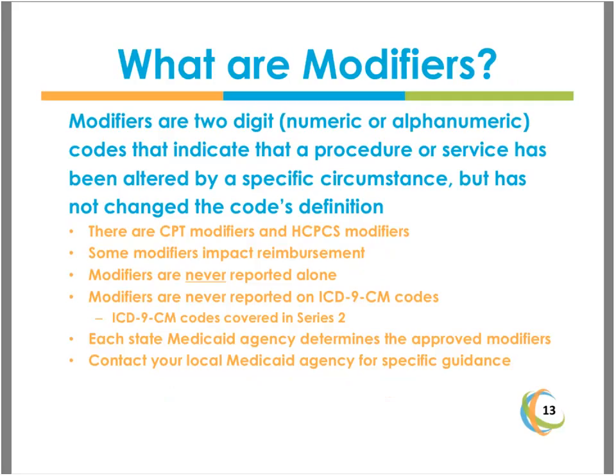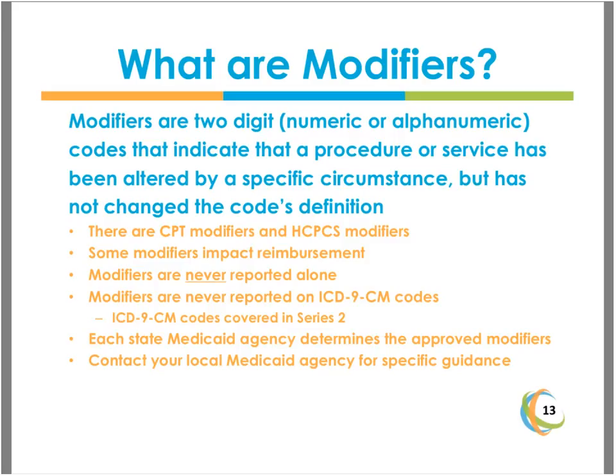For the purposes of this segment, modifiers are 2-digit numeric or alphanumeric codes that indicate that a procedure or service has been altered by a specific circumstance, but has not changed the code's definition. There are some CPT modifiers and there are some HCPCS modifiers. Some modifiers may impact reimbursement, so it's important to find out what modifiers impact your reimbursement and when it's appropriate to utilize them.